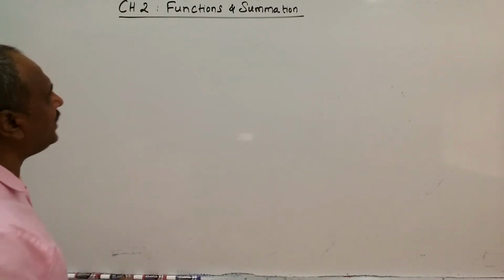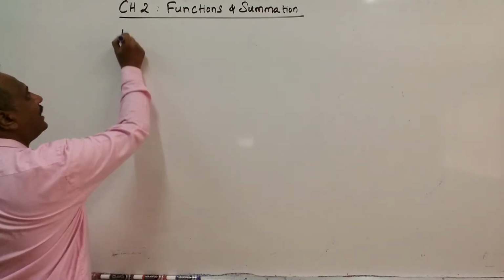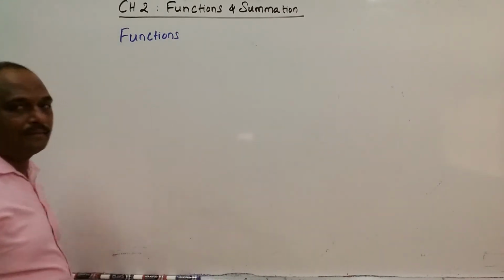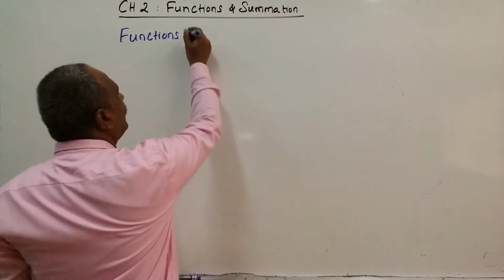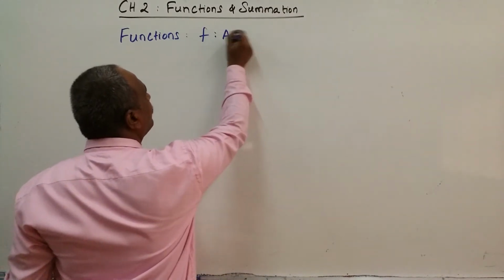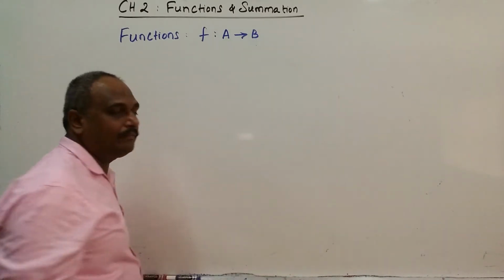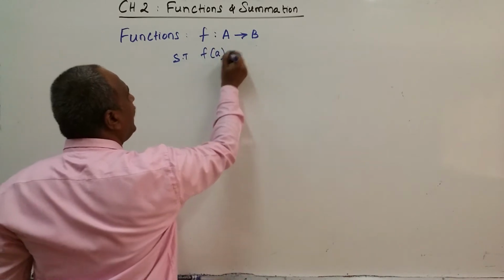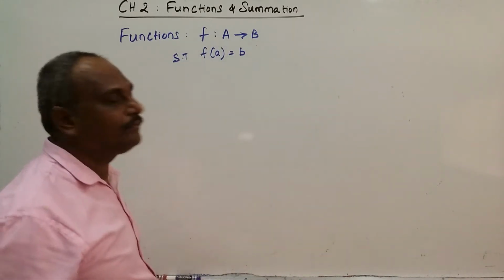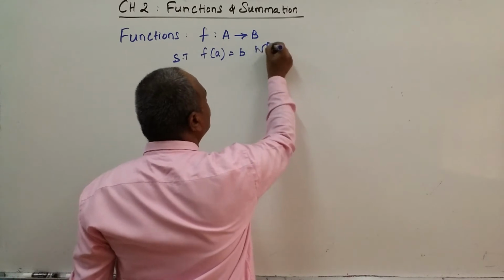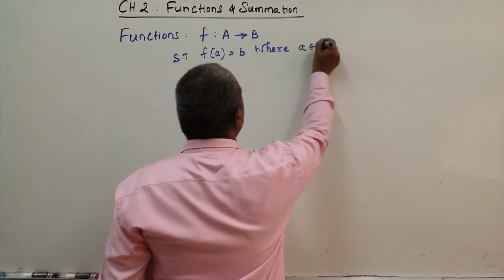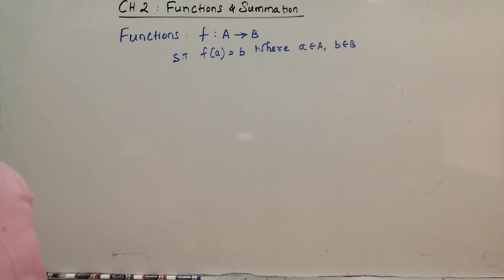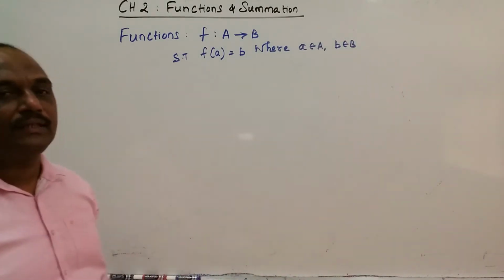When we were studying foundation, we defined functions. We said the meaning of function is nothing but f: A to B such that f(a) = b, where a belongs to A and b belongs to B. We define the function like this.